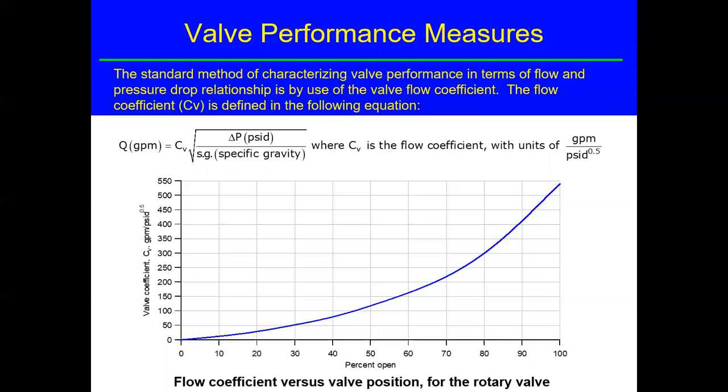That's kind of what that means if it's standard water. But anyway, you see how that Cv changes as a function of the percent open position on the valve. And I'd also note the units, GPM divided by PSI differential to the 1/2 power, obviously US units.